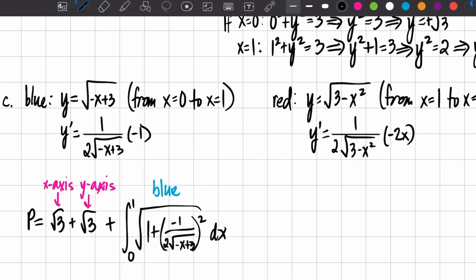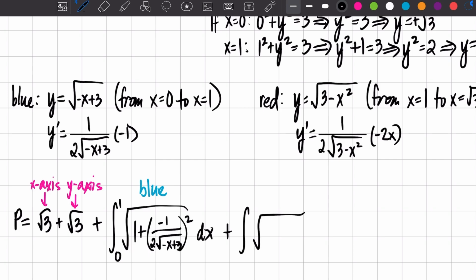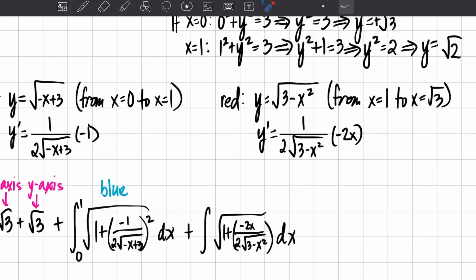And for the red curve, this would be the integral of the square root of 1 plus its derivative, negative 2x all over 2 square root of 3 minus x squared, squared, dx. And our bounds would be from x equals 1 to x equals square root of 3. This one is for the red curve.